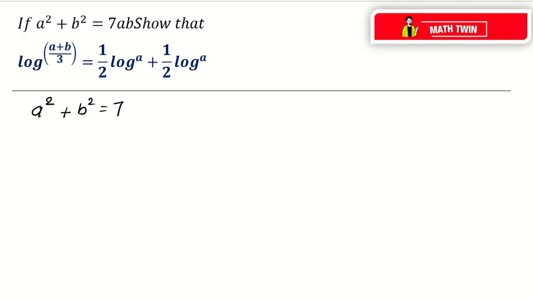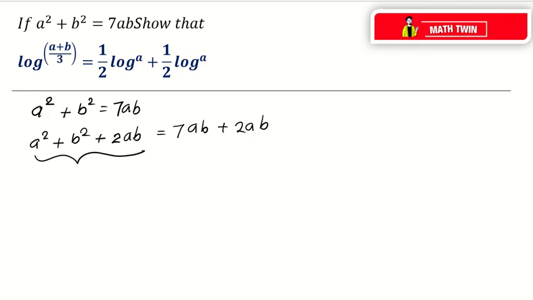So I will write a squared plus b squared, and add 7ab, okay, and I add 2ab to both sides. What is the reason to add 2ab?